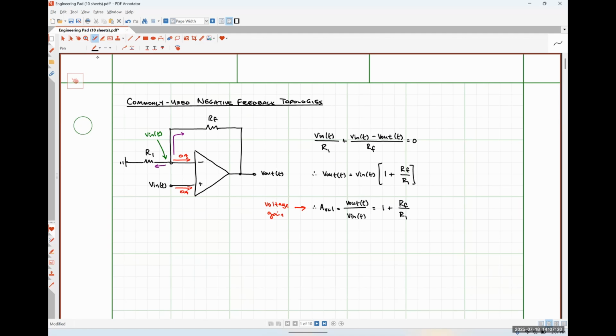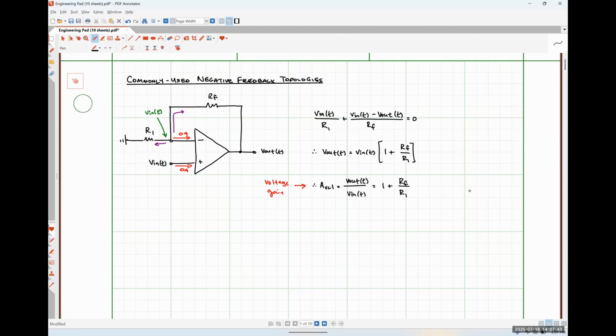So if RF is really small, like a wire, and R1 is really large, like an open circuit, then the voltage gain of this system is simply 1, meaning that our output voltage and our input voltage are the same thing. We would commonly refer to that as a unity gain buffer amplifier.